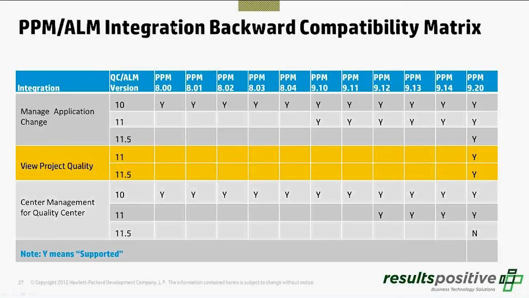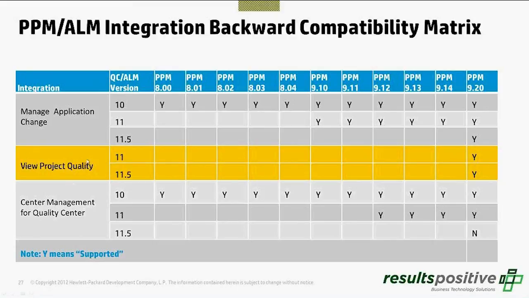The ALM integration compatibility matrix. So the manage application change, which is really the synchronization of defects and requirements between PPM and ALM, still exists in PPM 9.2 on the ALM version 10.11 and 11.5. So 11.5 is certified with 9.2.